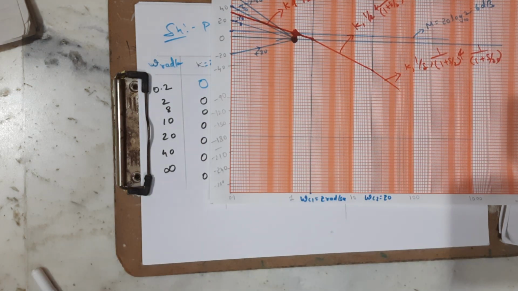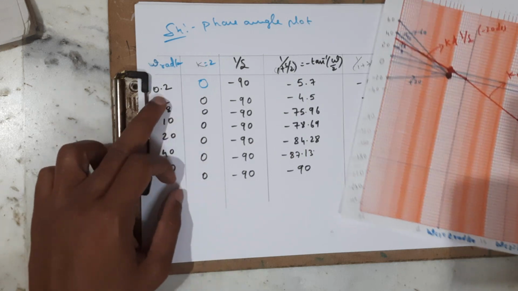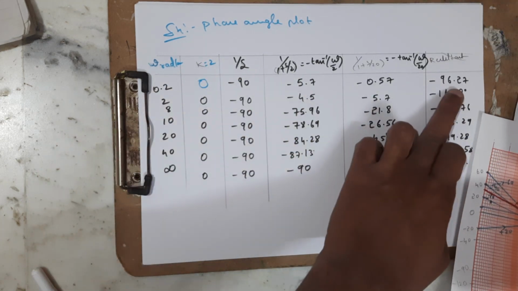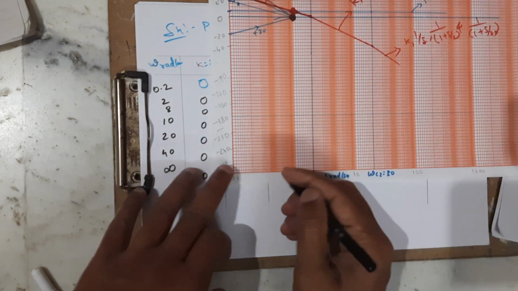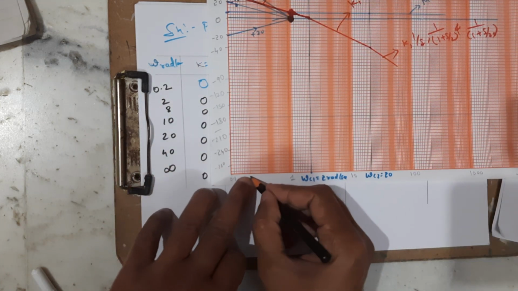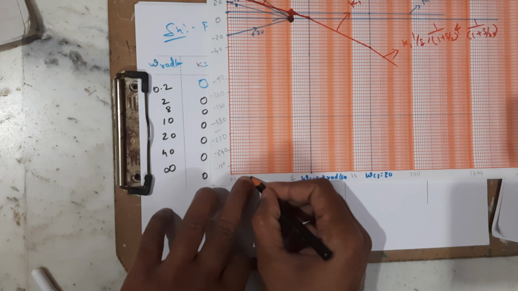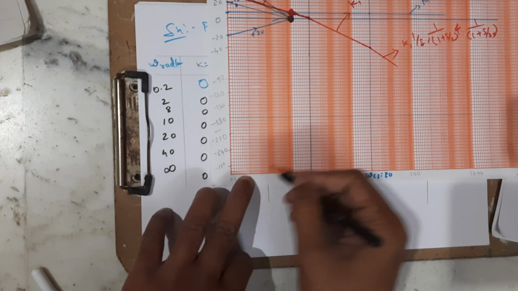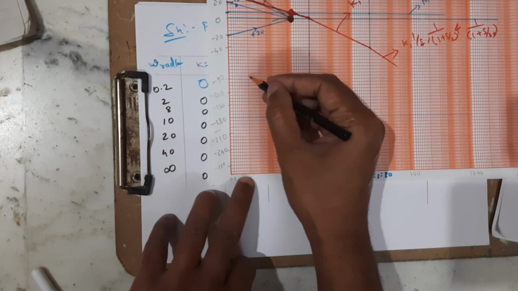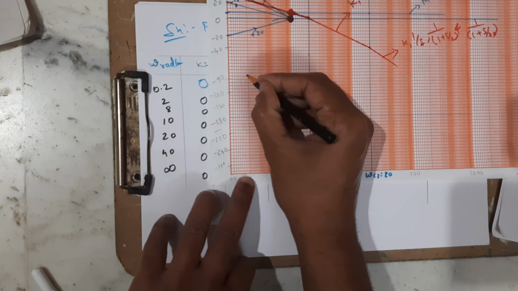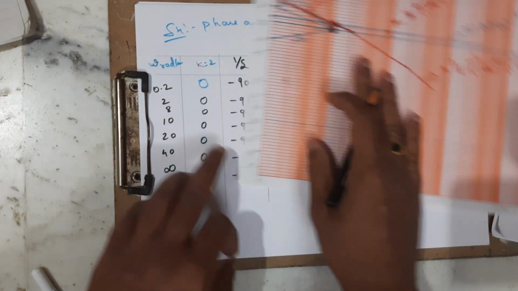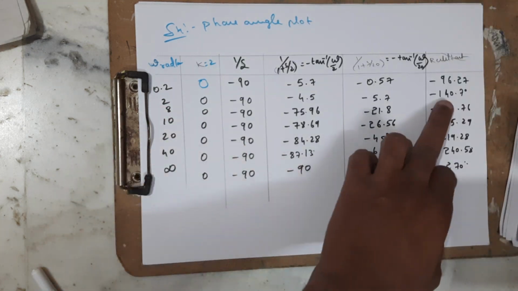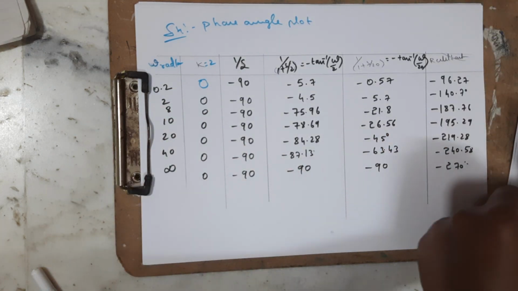From the previous step, what is the resultant for 0.2? Minus 96.27. So somewhere here I am going to mark it. In the same way, when it is 2 radians per second, it is minus 140.